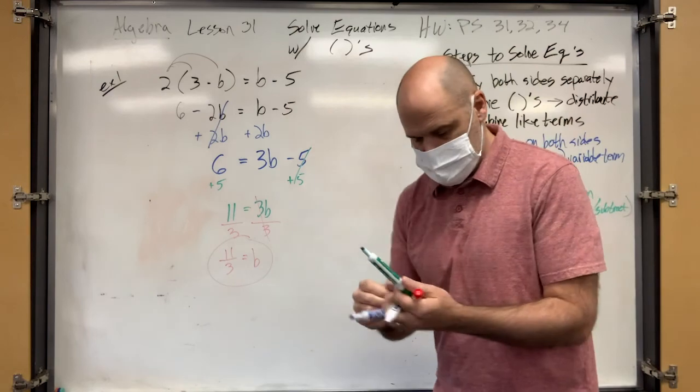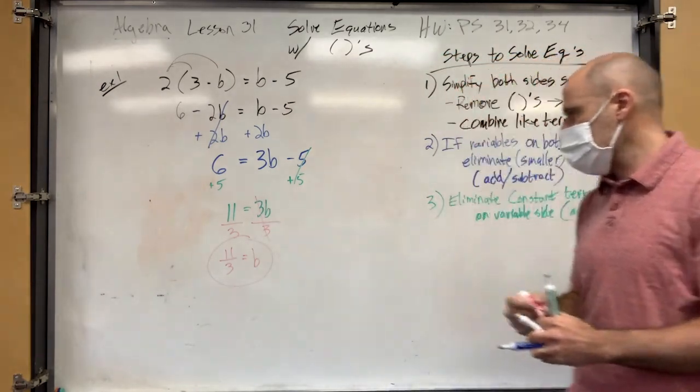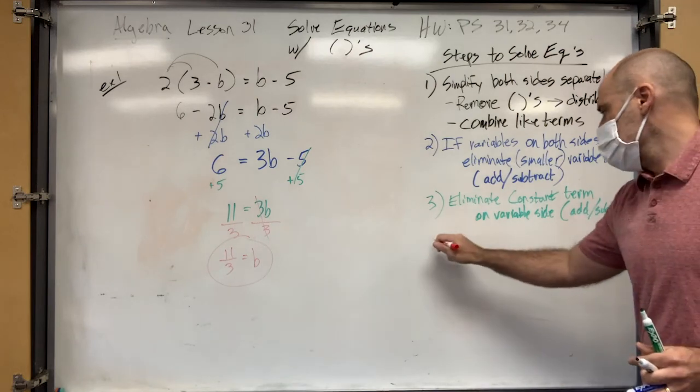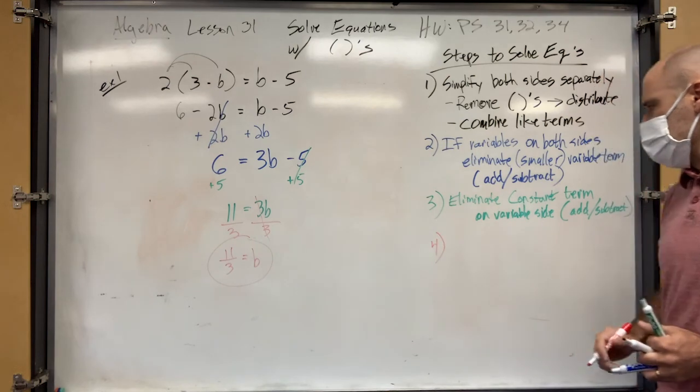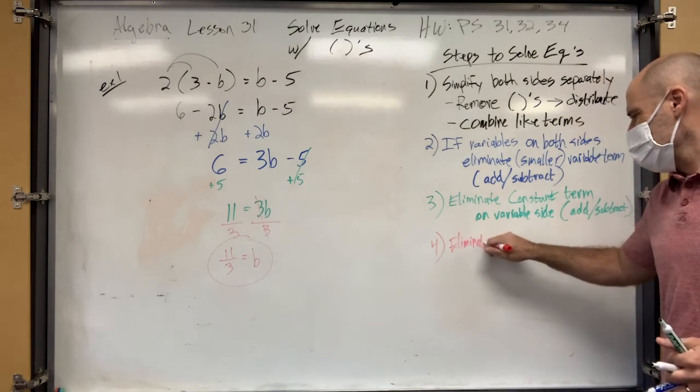Okay? All right, then once we get rid of that guard, this guard is a little bit closer, but his kryptonite is division because his superpower is multiplication. So eliminate variable's coefficient. It's a big word.